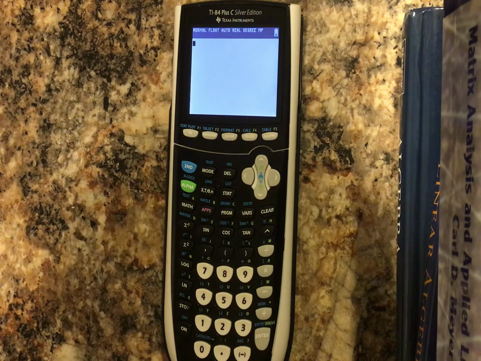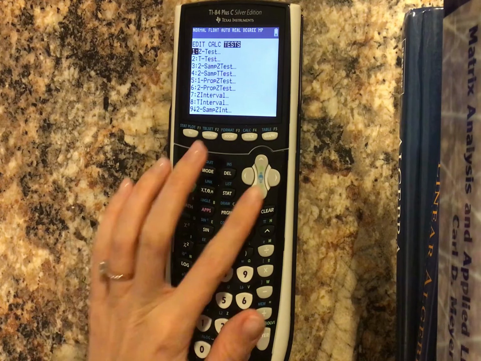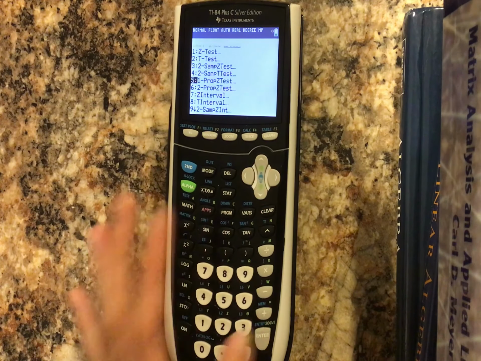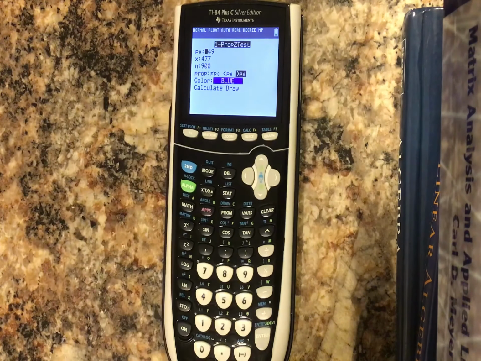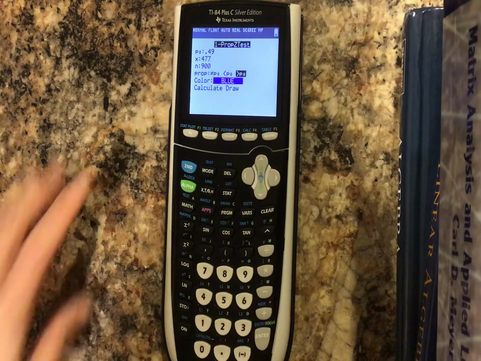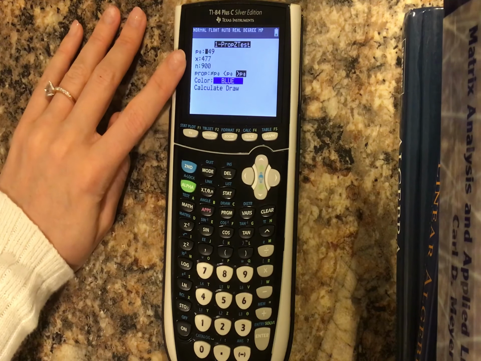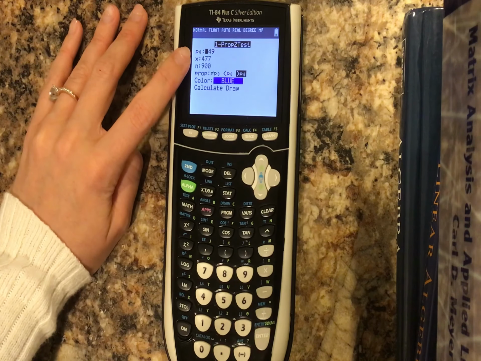So to do this problem the short way, we're going to go to stat and across to tests, and I'm going to go down to a 1 proportion z-test. Then you have to input the data that we get, so we're going to input the statistics. P0 is the population proportion. It's the one that is in our hypothesis, so we know that that is 0.49.